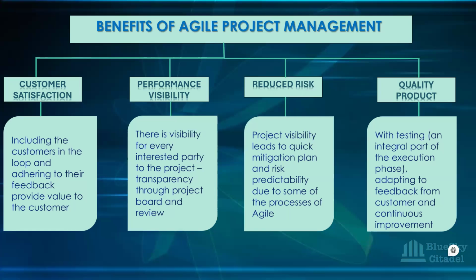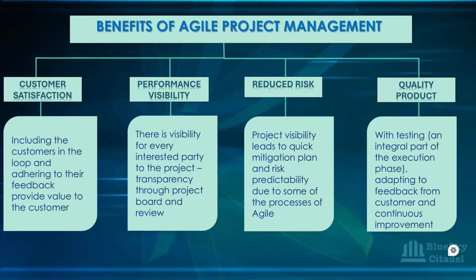They're able to mitigate the risk, plan on time, identify it early, deal with it early, so that the project can go ahead, and that reduces the risk in the project, which, if it had not been identified, might end up being a roadblocker, a total stoppage to the product, or delay the project going further, which will definitely affect the timeline. So there's reduced risk in using the Agile approach in managing a project.